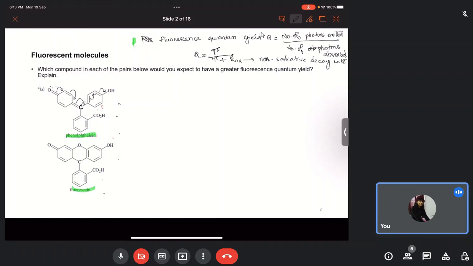But phenolphthalein is comparatively less rigid than fluorescein, in the sense that it has a carbon which is not a part of the ring, and it can adopt different orientations.